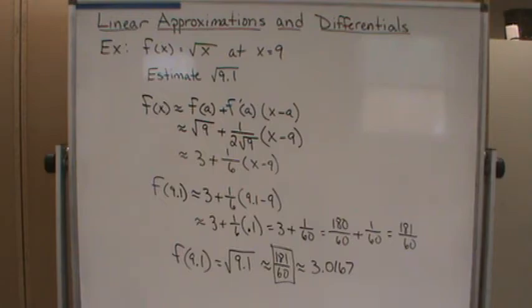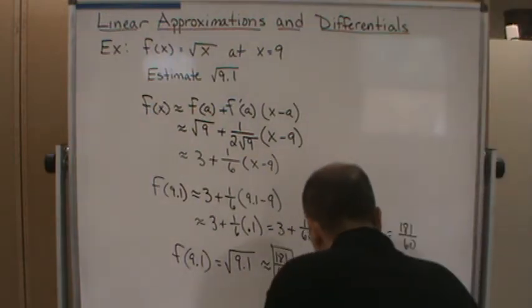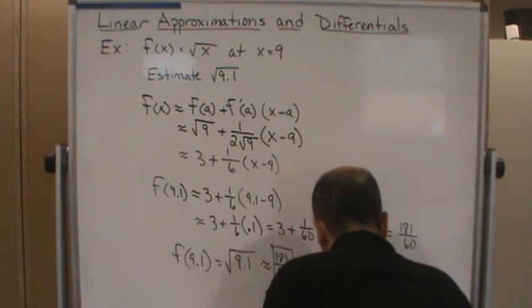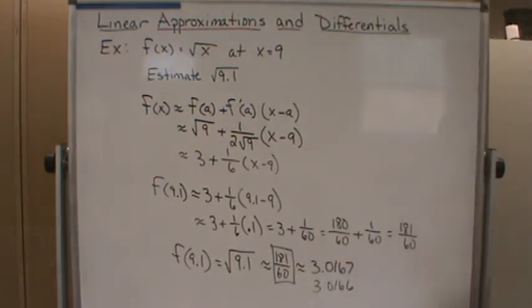And I get 3.0166. So it's accurate up to 3 decimal places, out to the thousandths place. Not bad. This is not a bad approximation at all.